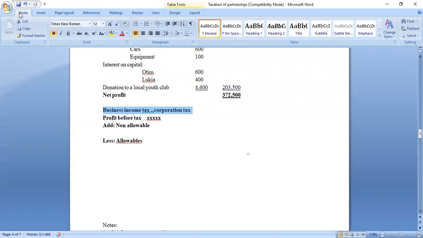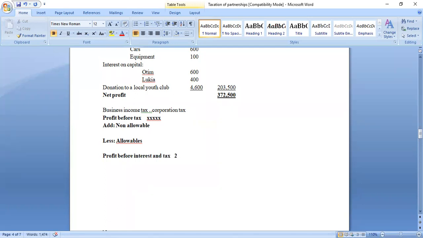How do I mean by that? I'm just creating a scenario. By now I hope you are familiar with the income statement, and therefore whatever is right here shouldn't be an issue. So you have profit before interest and tax, say 20,000.